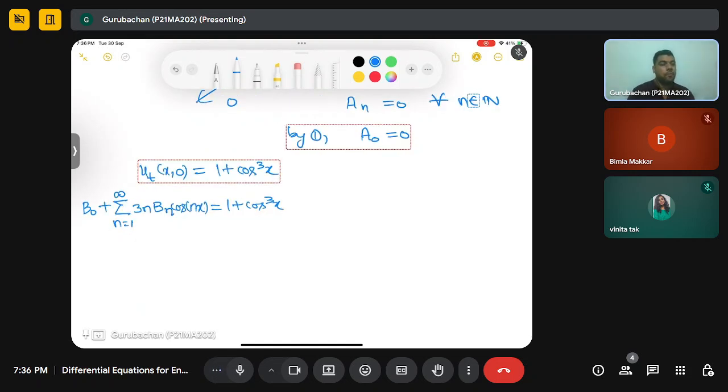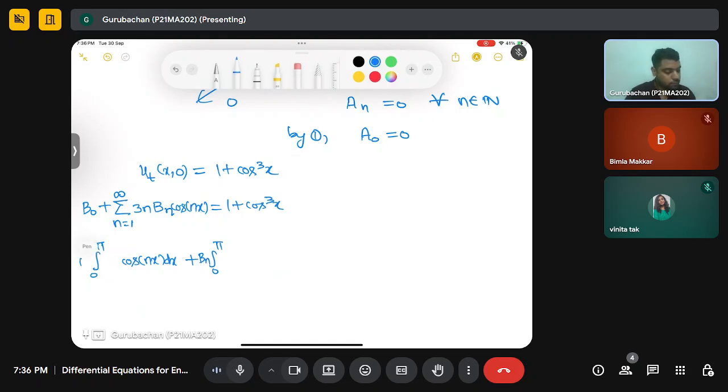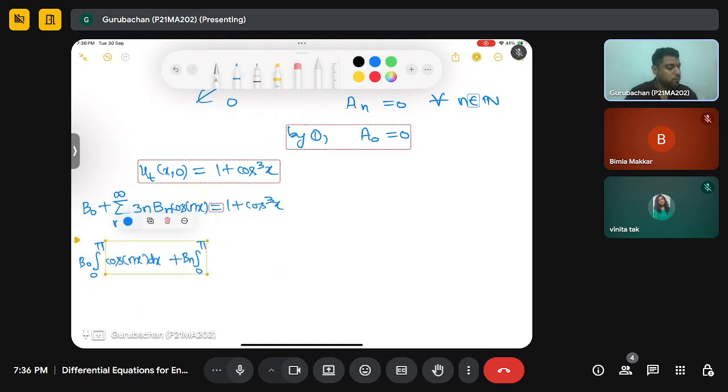Again we use the orthogonal property, and we will get from here the integration of b naught from 0 to pi of cos nx dx plus the integration from 0 to pi of the series terms. Let me write the constant outside.